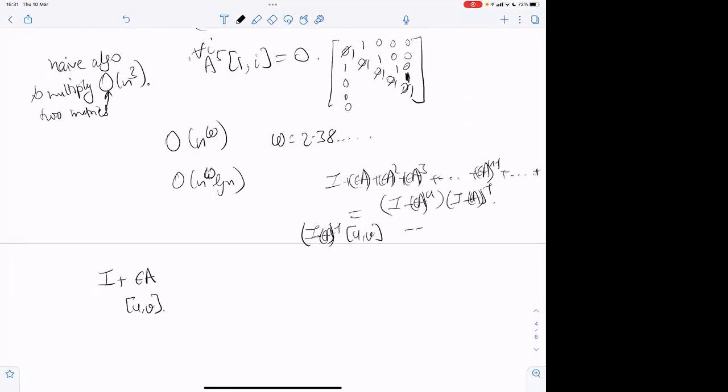Sure, sir. What does the plus epsilon squared A squared term say? What does A squared tell you?